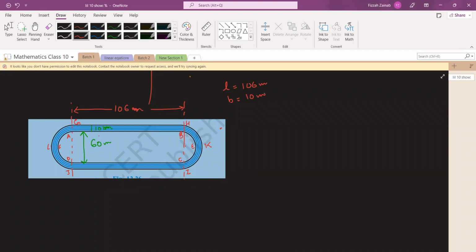If the track is 10 meter wide, okay, fine. Find the distance around the track along its inner edge, and the area of the track. First part, you have to find the distance around the track, along its inner edge.